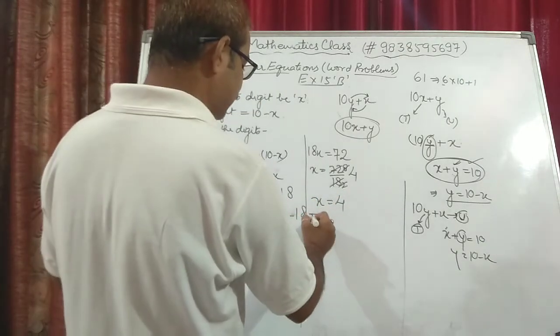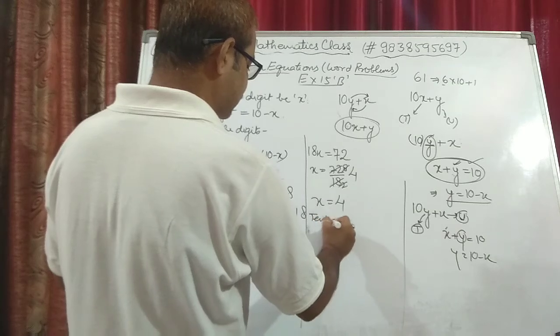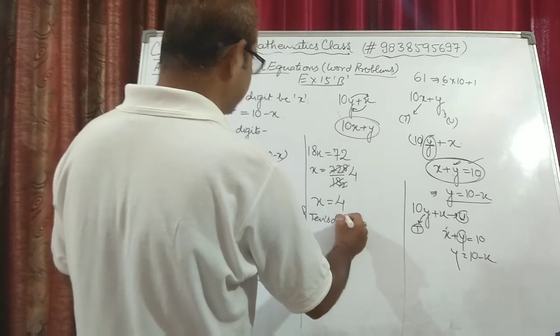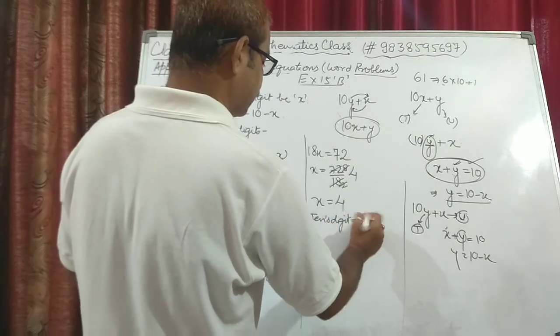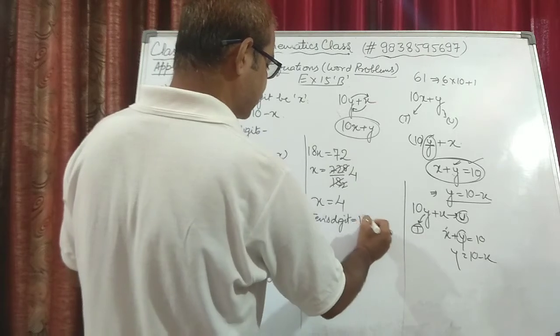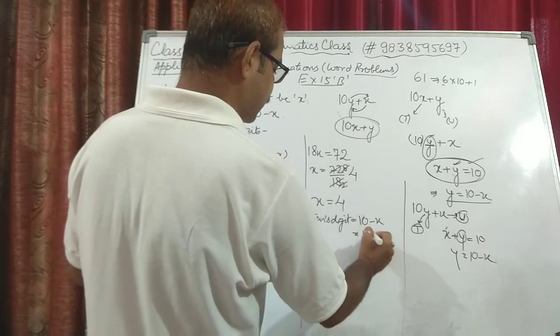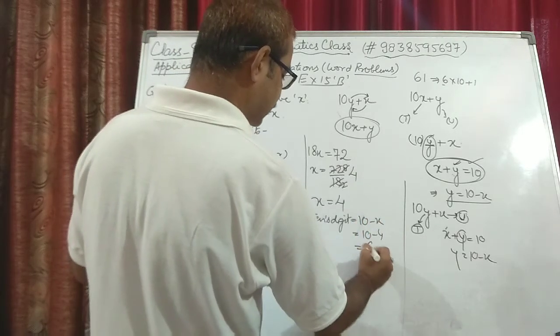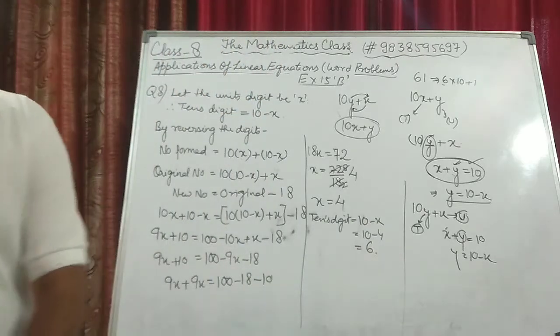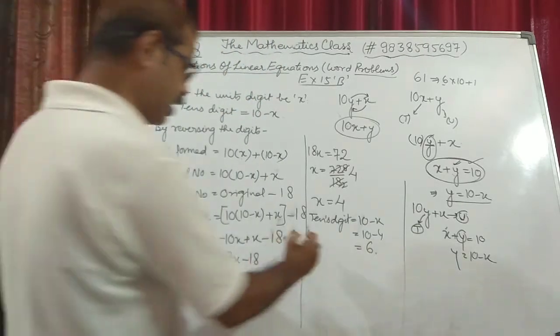So tens digit will be 10 minus x. 10 minus x, that is 10 minus 4, that is 6. So they ask find the original number.